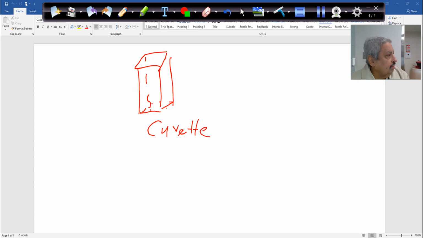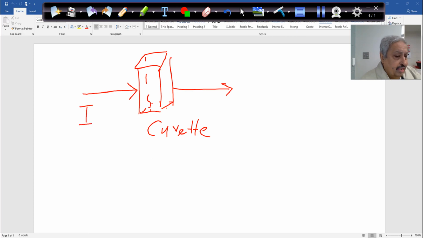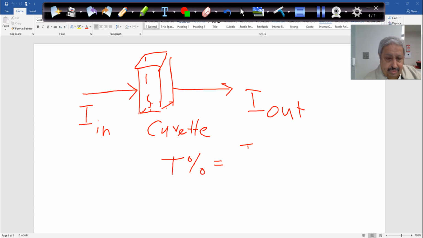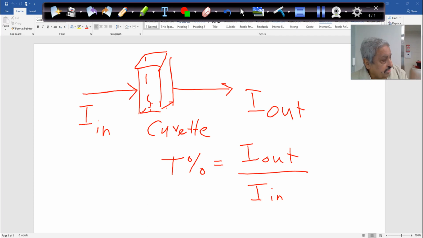It's a special cell, and the light will go in from this side and come out the other side. So this is light intensity in, light intensity out, and the transmittance in percentage is the ratio between out and in.